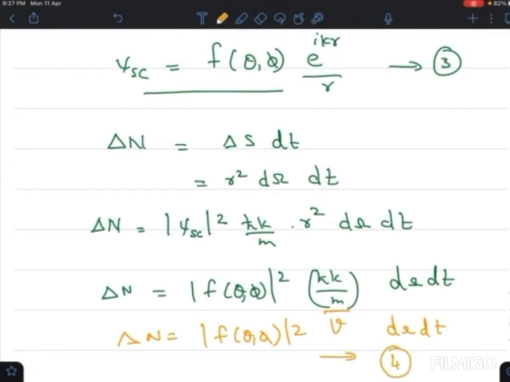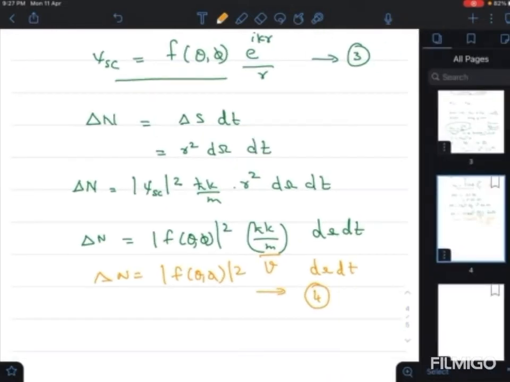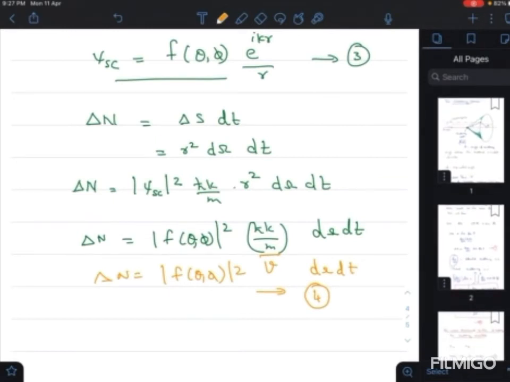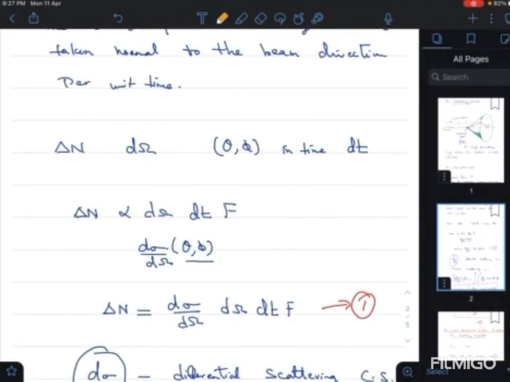Now comparing equation 4 with this, d sigma by d omega dt into f. You know what flux is now, no?